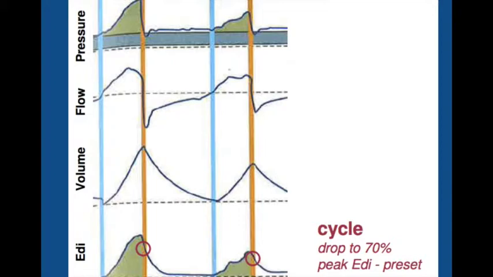When the peak Edi drops to 70% of the preset, there will be cycle off.